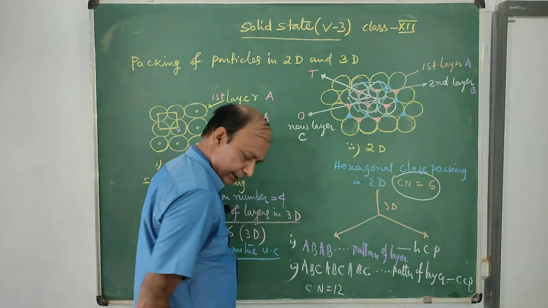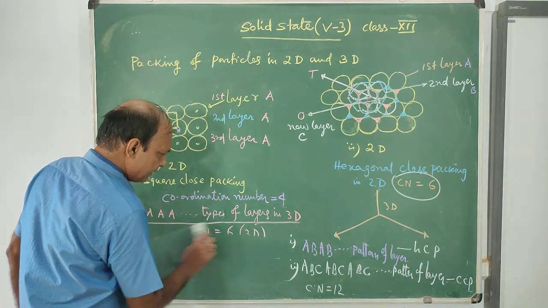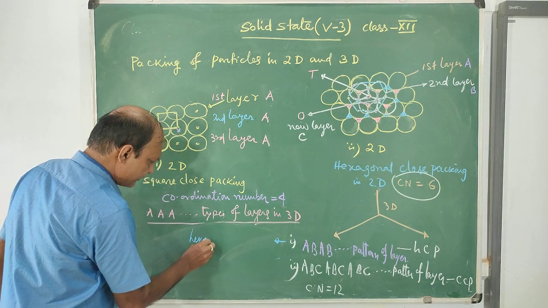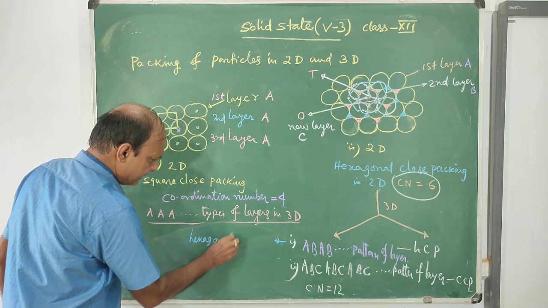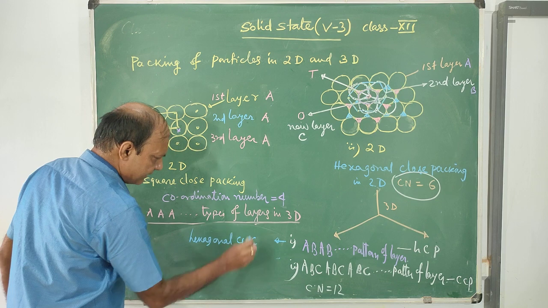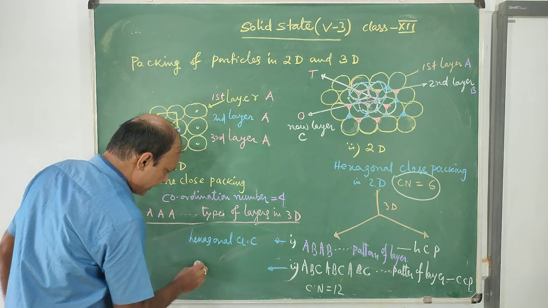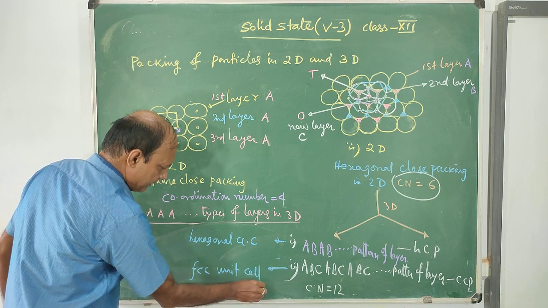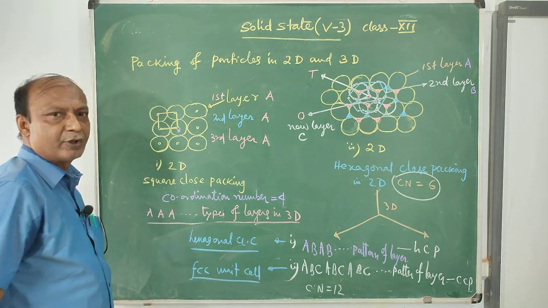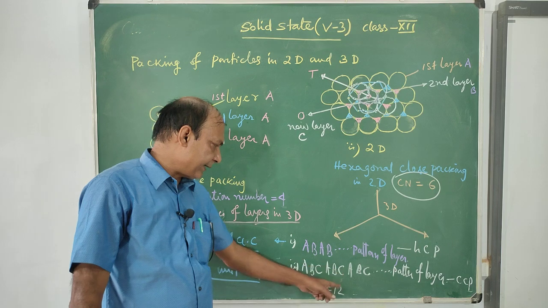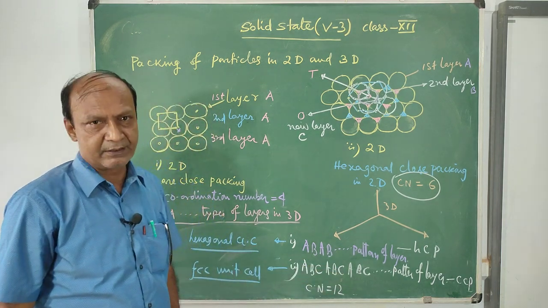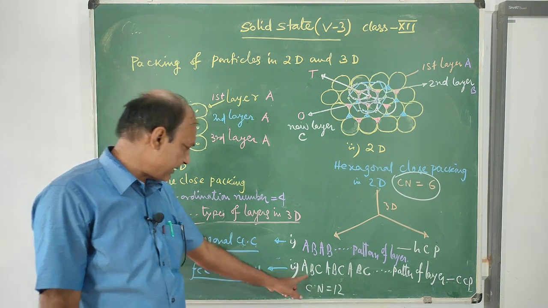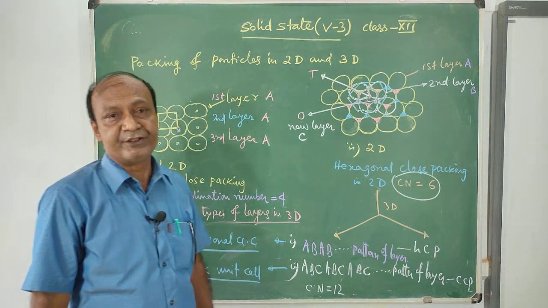In this case, the unit cell will be a hexagonal unit cell, and in this case you will get an FCC unit cell. These are the types of unit cell that we are getting from these 2 types of arrangements.